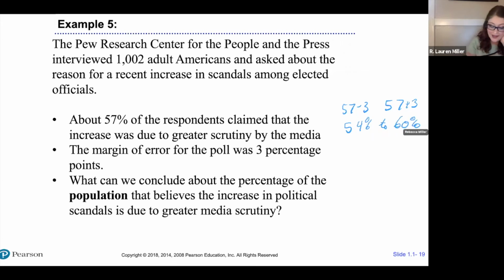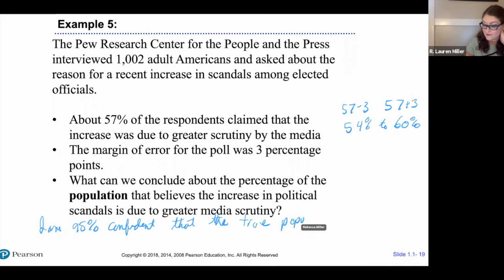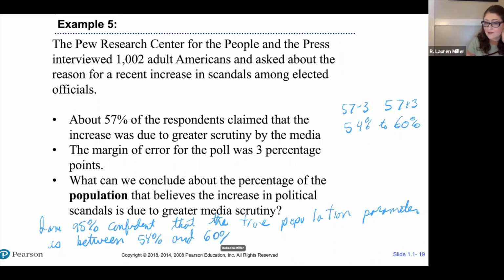And I could say that I am 95% confident that the true population parameter is between 54% and 60%. And now you all have seen why I teach from PowerPoint, because my handwriting is kind of abysmal. So that's how we'd interpret our confidence interval.